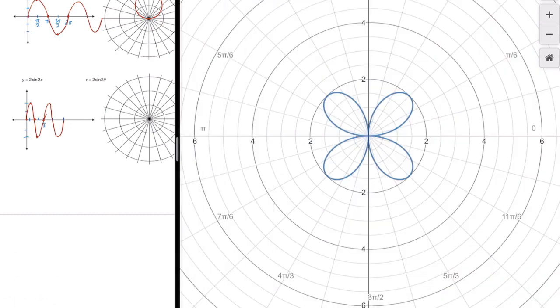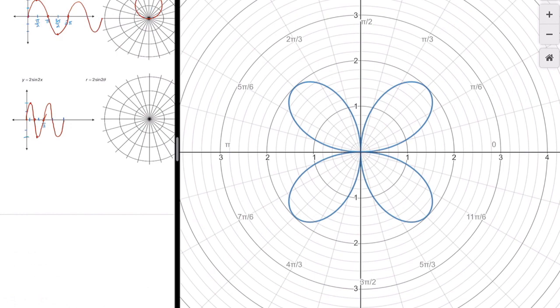This is what the graph of 2 sine of 2 theta looks like. And this is why polar graphs are so fun, because they can make some of the craziest, coolest shapes. This is just a teaser for next week, because we're going to do so much fun stuff with these graphs. I'm not going to draw this one on there today, but this will show us what this looks like. So get excited for next week.